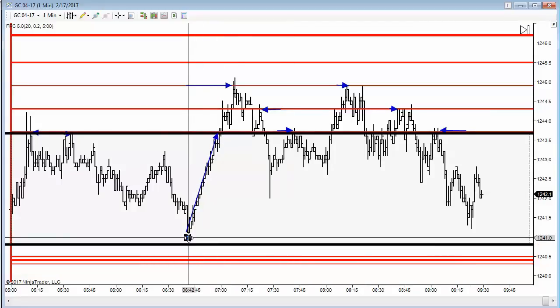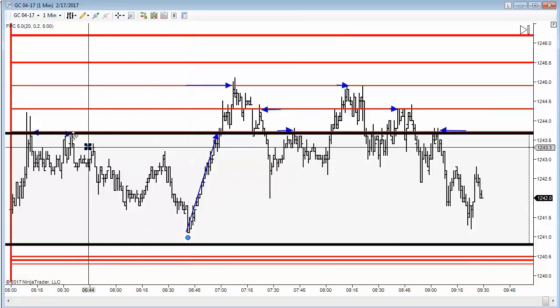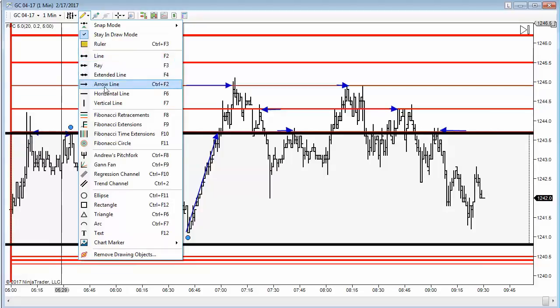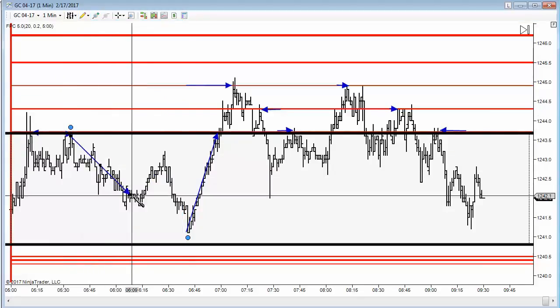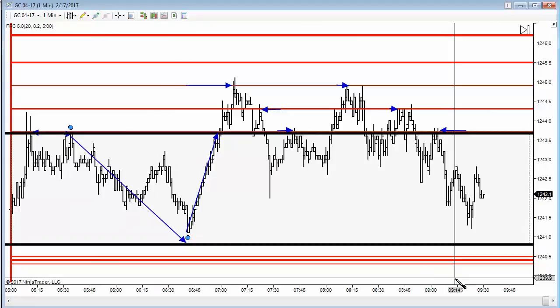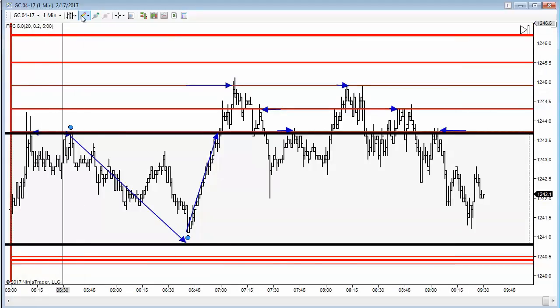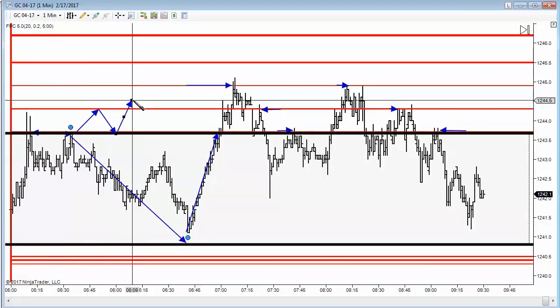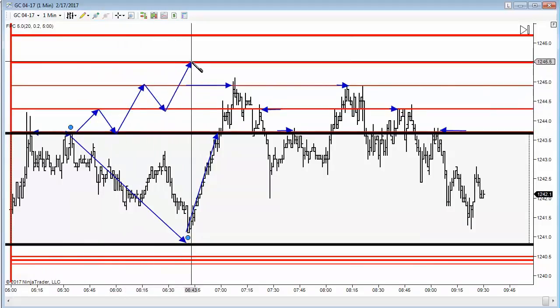And vice versa. Carrie, if I take a short up here or I see the double top, there's nothing stopping me until I start getting close to this support line right here. In fact, the dangerous area where the market starts to ping pong and ricochet is up in here.